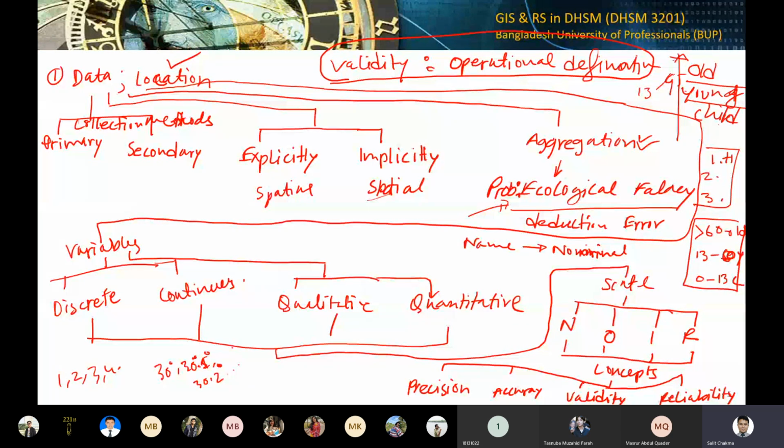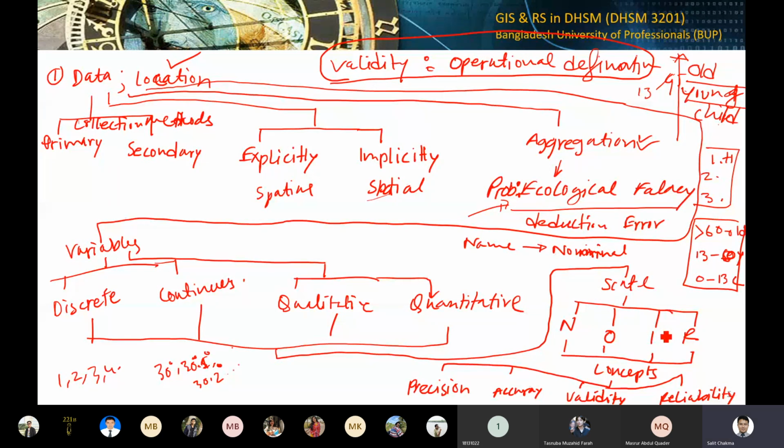And the next ones are the interval scale and the ratio scale. Interval and ratio scales are almost the same, except that interval does not have an absolute zero.